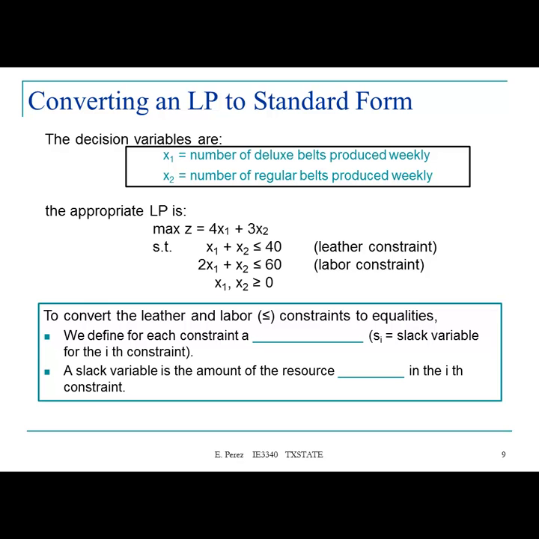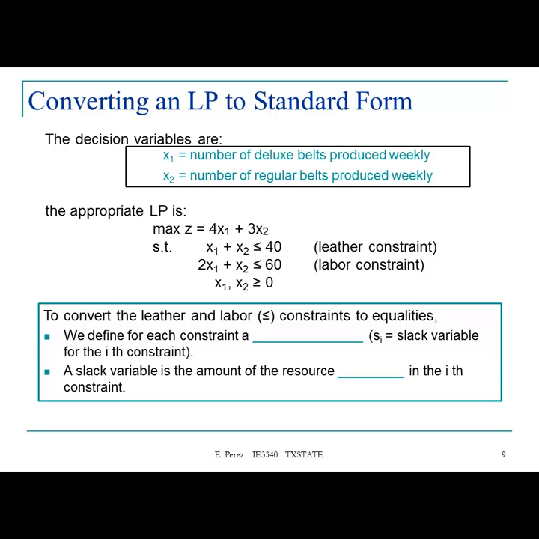You know how to formulate a problem. This is a two decision variable problem. But what we want to focus on using this example is converting that problem into the standard form.